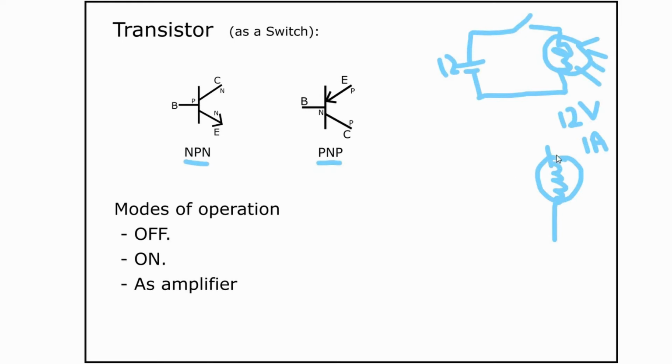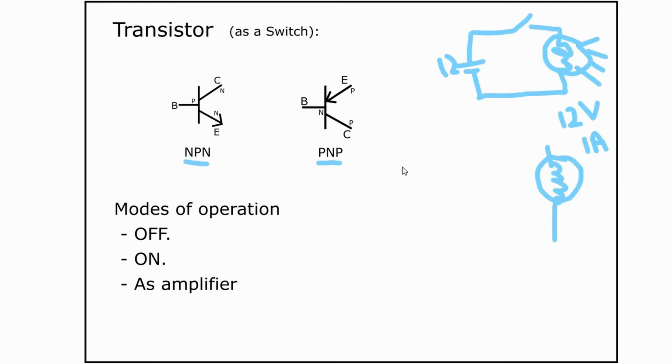If you want to turn it on mechanically, you can use one of these mechanical switches. Let's assume that you are getting a small signal from a microcontroller or a small IC. Using that signal, you will have to turn on or turn off the bulb or motor.